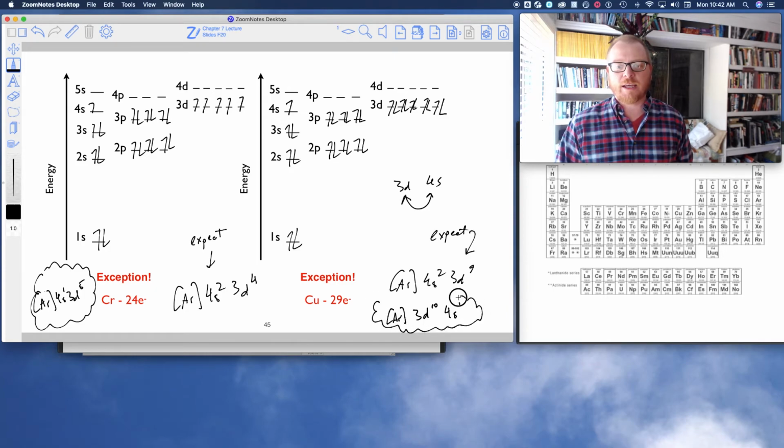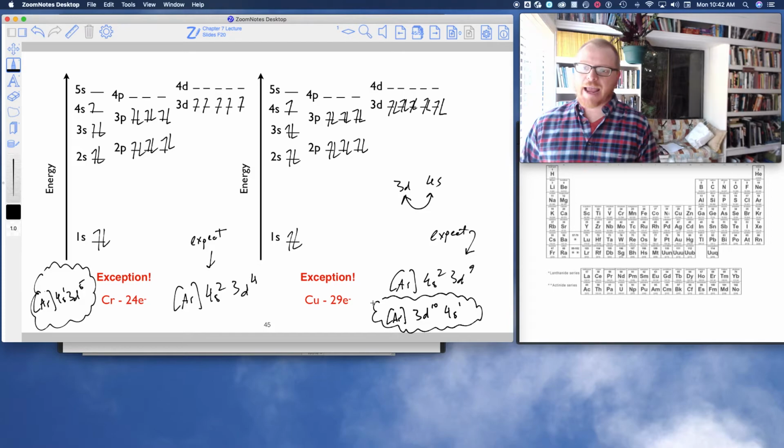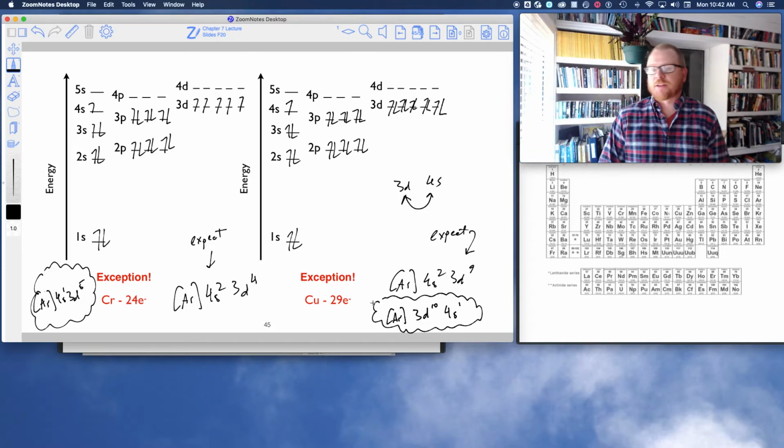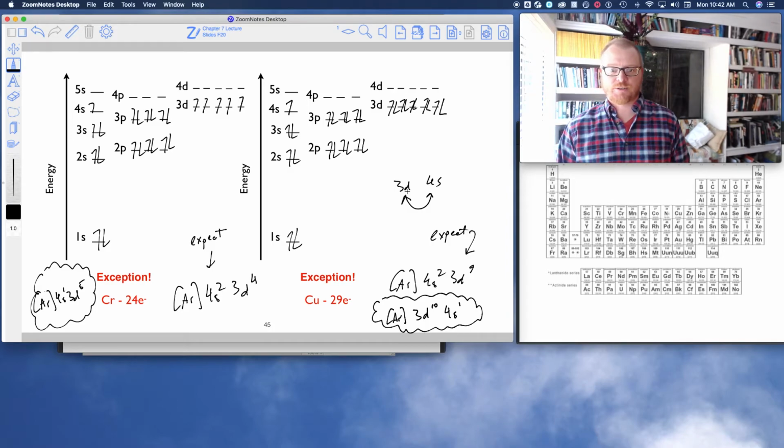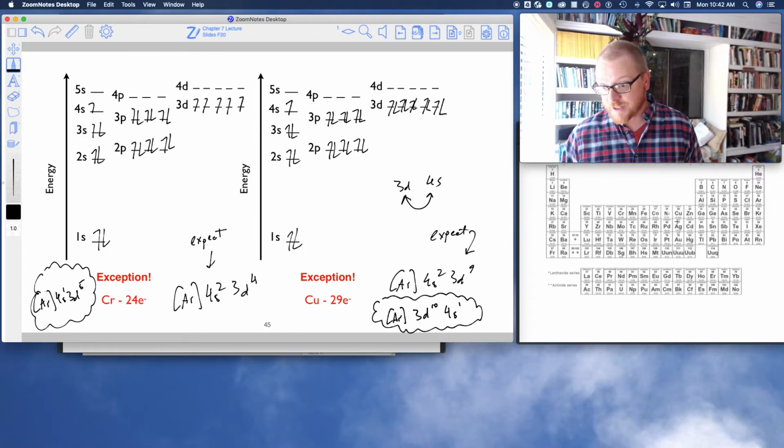This is a tricky example, okay? And that's what makes it an exception. I mean, chemistry is like the science of exceptions, okay? And so, as you might guess, the same thing that happens with copper, copper, silver, and gold. Silver and gold do the same thing due to the periodic trends, okay?